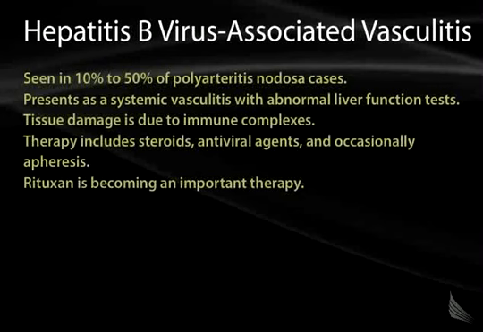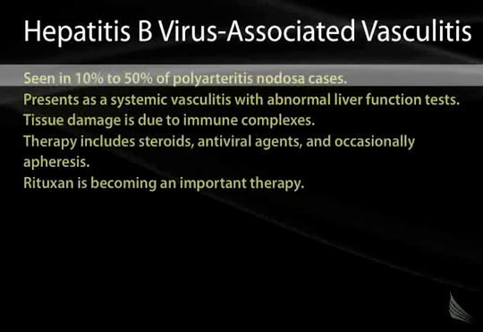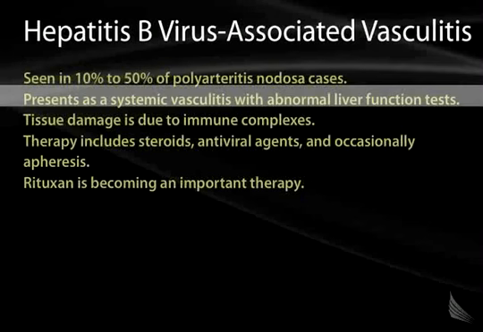Hepatitis B-associated vasculitides can be seen in 10% to 50% of patients with a diagnosis of polyarteritis nodosa. This can present as a systemic vasculitis with abnormal liver enzymes, and when you do the hepatitis B serologies, you can see that there is ongoing hepatitis B infection.